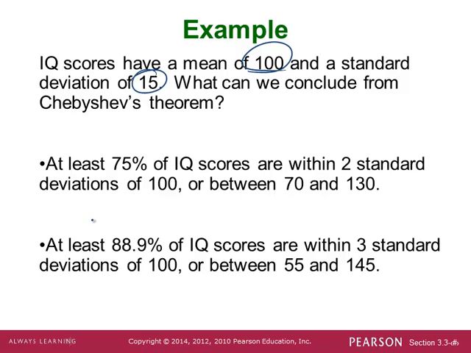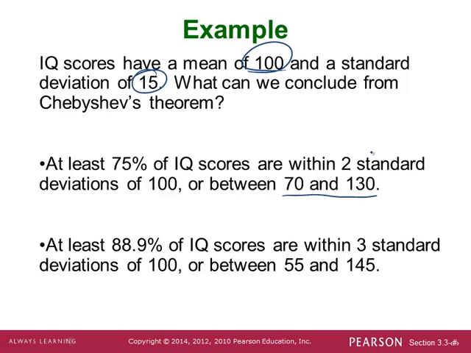Now, 1 standard deviation is 15, 2 standard deviations is 30. 100 minus 30 is 70, 100 plus 30 is 130. So, at least 75% of the people will have IQ between 70 and 130.